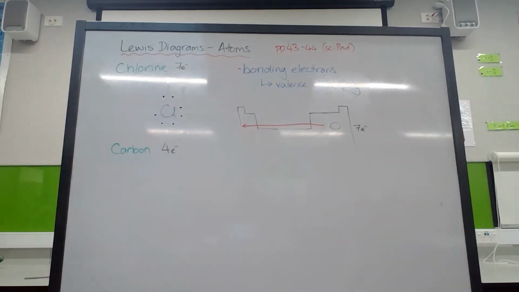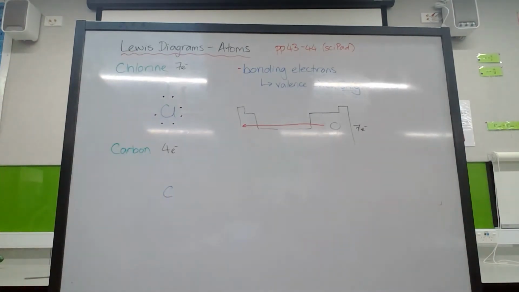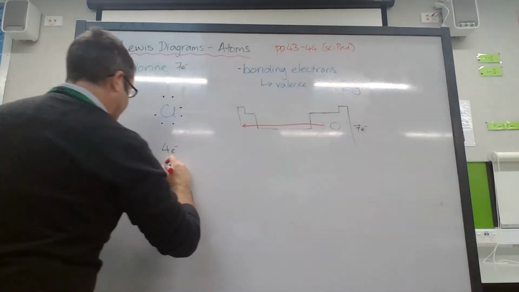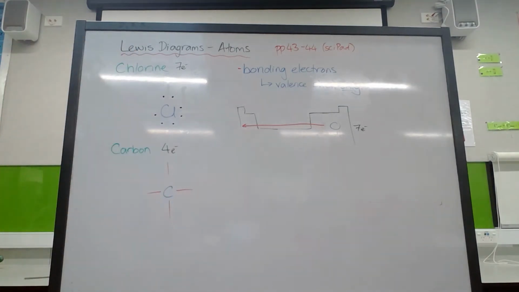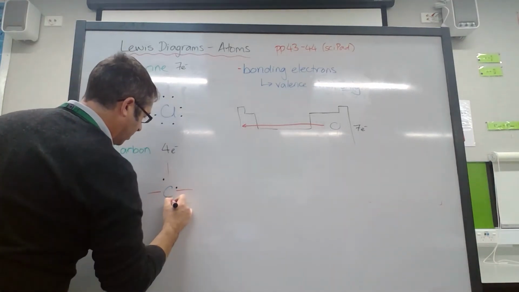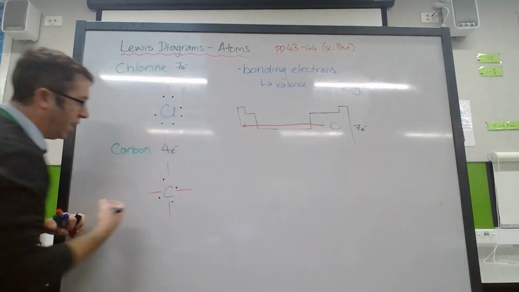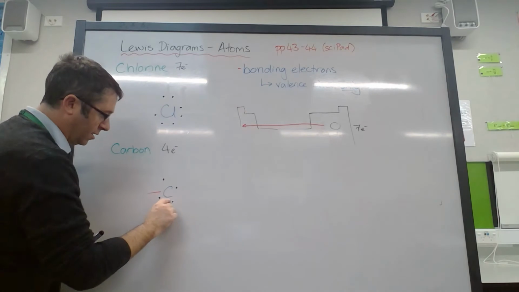So following the same process, carbon is C. I put my 4 pencil lines in place, and then I put my 4 electrons around, 1 per line, and if there's any left over, I double them up. So 1, 2, 3, 4. Then I rub my pencil lines out.